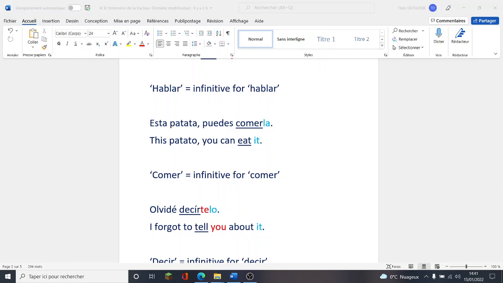I also noted for you that comer is the infinitive form. It's easy, I know, but we'll see with examples for progressive and imperative that sometimes it's not that easy to notice the verbal form on which you need to stick the pronoun. So I think it's a good idea to explain why you need to put the pronoun at the end. It's because comer is an infinitive in this case.